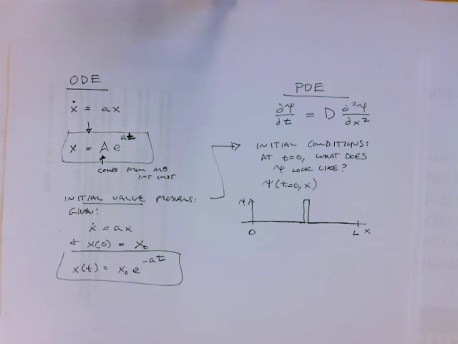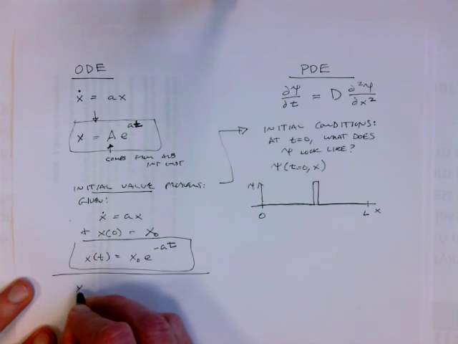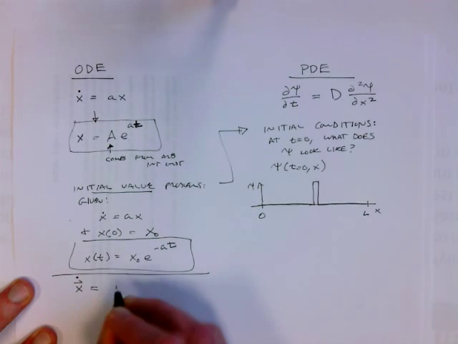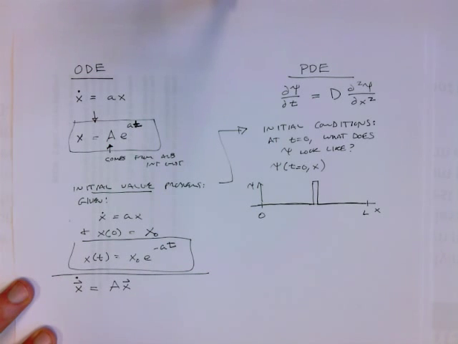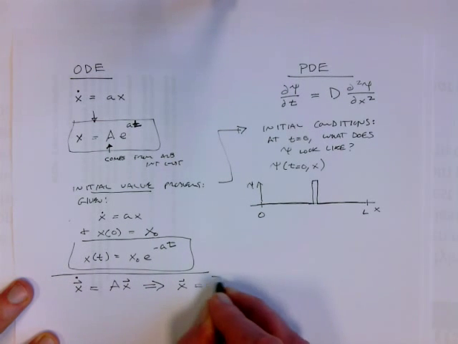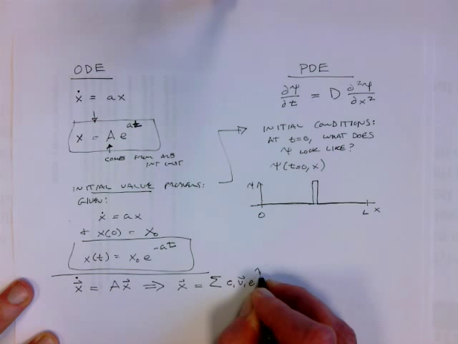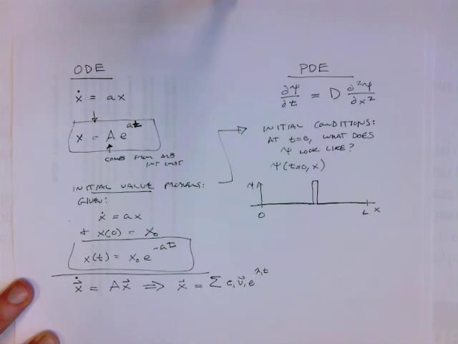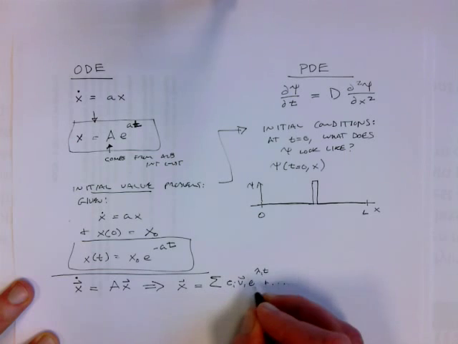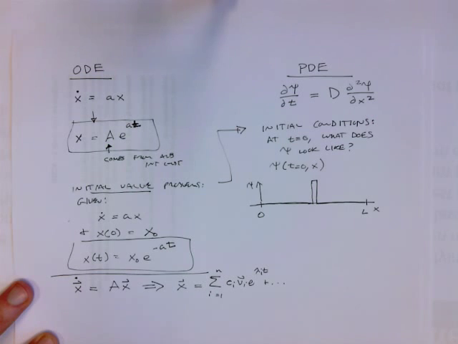One thing you might note is the connection between this and systems of linear differential equations. If, instead of a single differential equation, I had a system, x dot equals A times x, where A is some matrix, you end up getting a solution that's a sum with arbitrary constants of the different eigenvectors times e to the relevant eigenvalues, with i going from 1 to n, where n is the dimensionality of the problem.